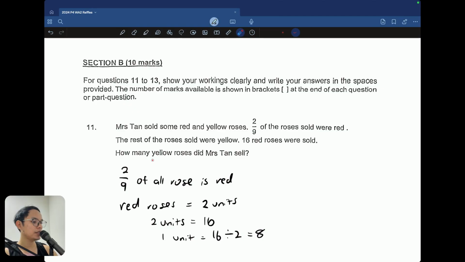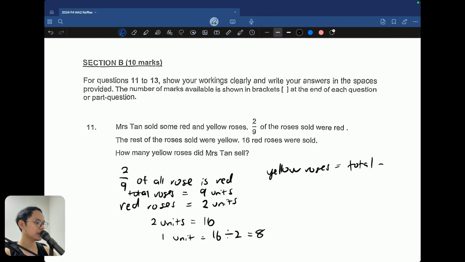Now, how many yellow roses did Mrs. Tan sell? Since we know there are 2 units, what does this 9 mean? The 9 is the total roses, equal to 9 units. So how many are there in terms of yellow? Yellow roses is equal to total minus red roses, which is 9 minus 2, 7.